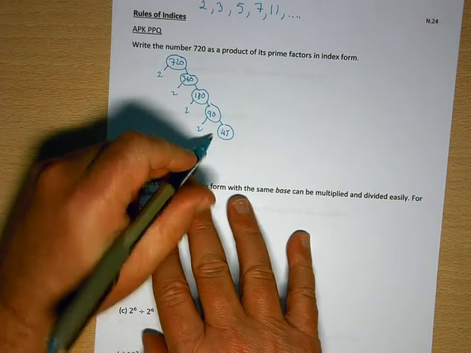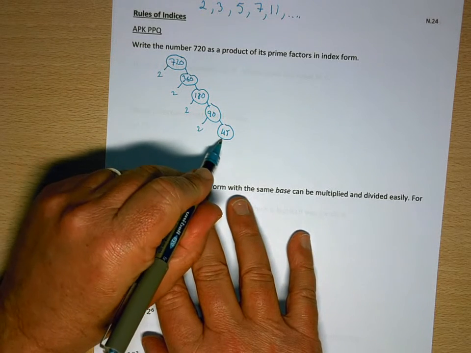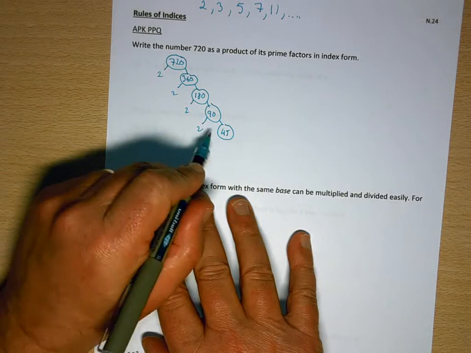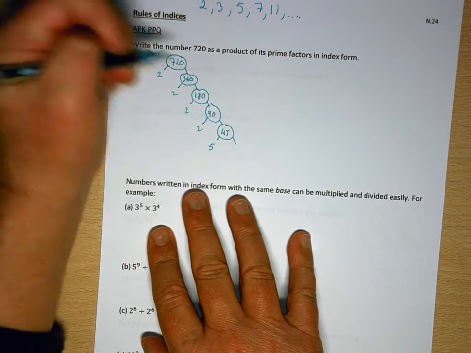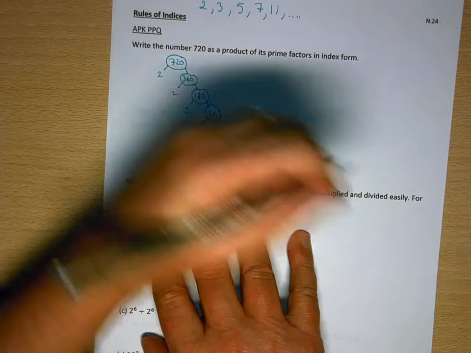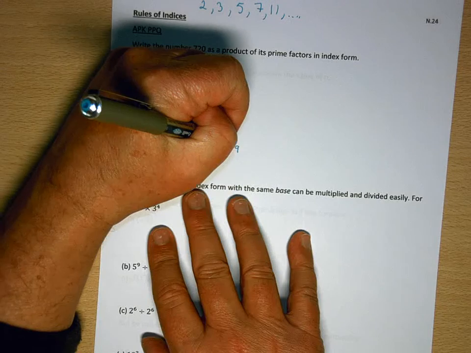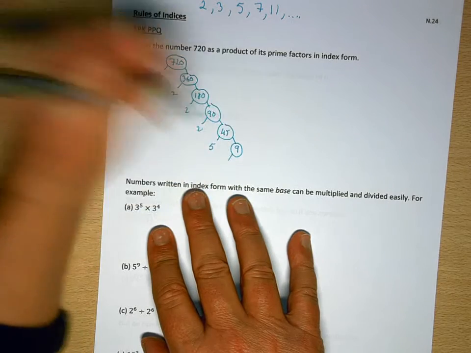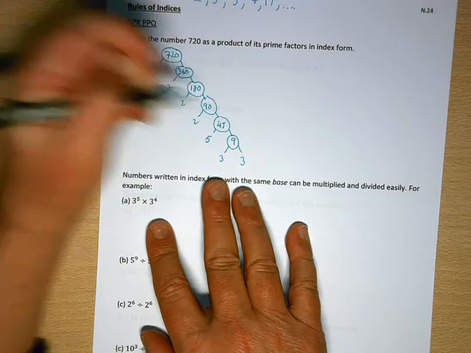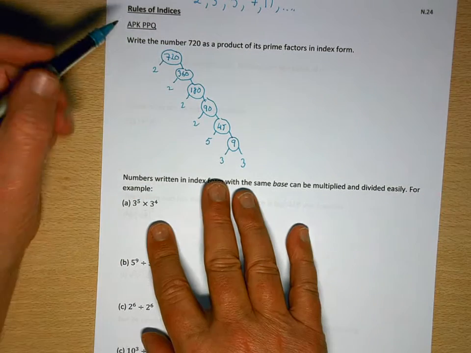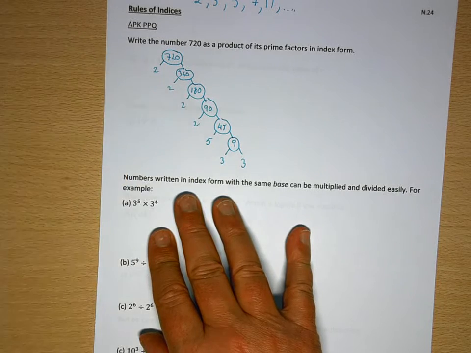So now I've got a number that I can't divide 2 into because it isn't even, but it ends in a 5, so I know 5 will go into that. And 5 goes into 45 9 times. 9 isn't a prime number, but 3 is, and 3 will divide into it 3 times. So we keep that repeated division going until all the numbers that we're left with are primes.